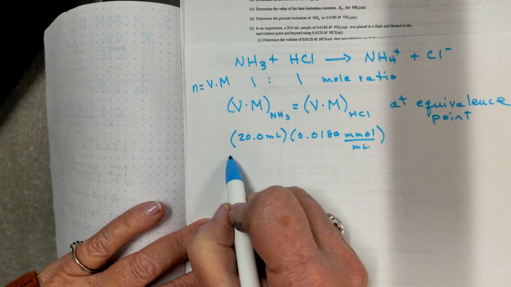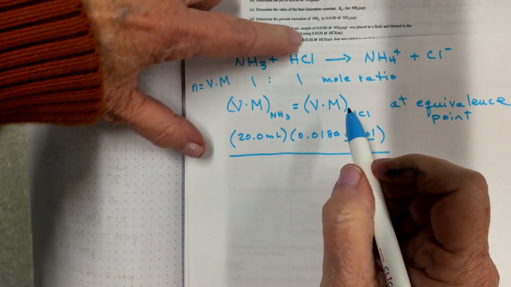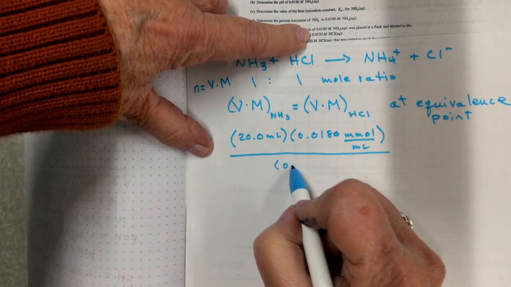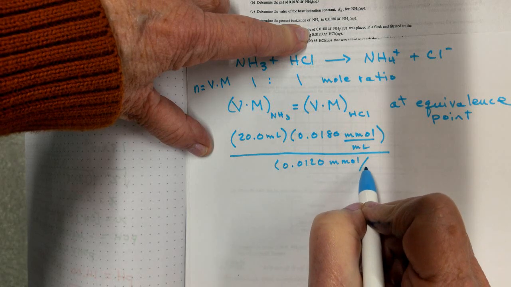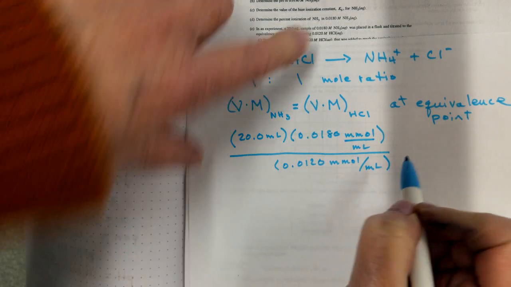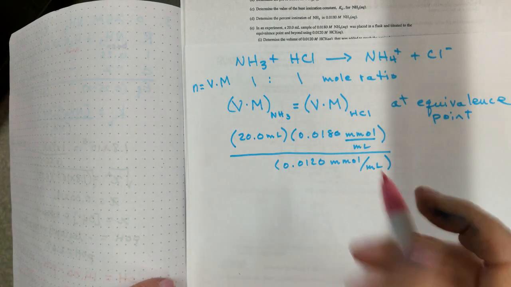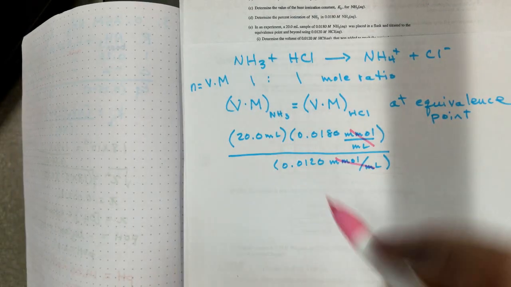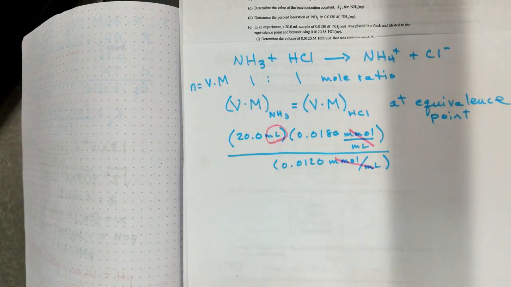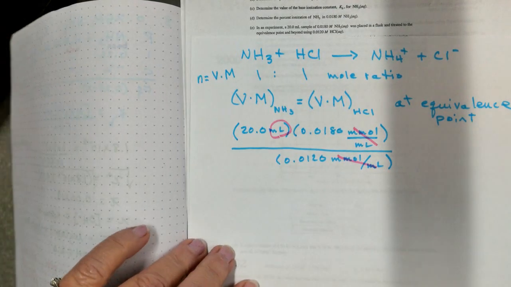And then I'm going to divide that by the molarity of the acid, and they gave me that here, 0.0120 millimoles per milliliter. And you see my unit cancels, and I'm left with volume units. So I know I've set up my calculation.